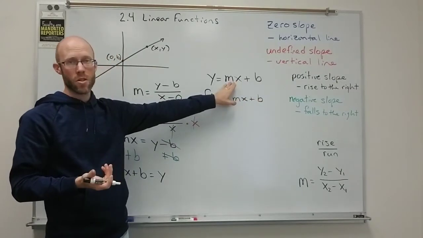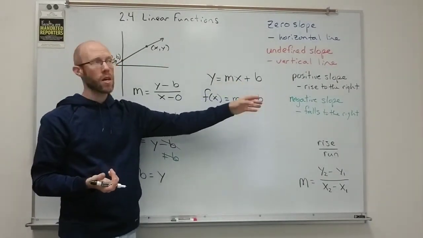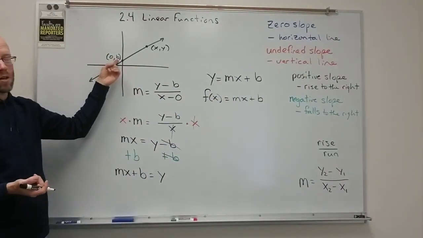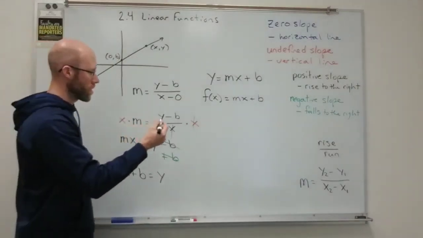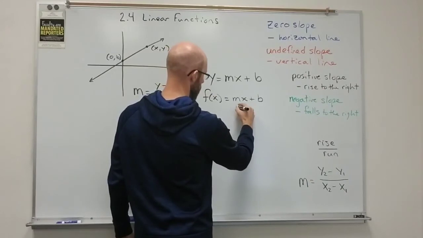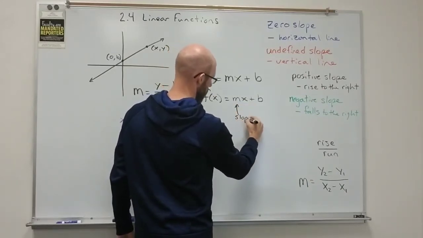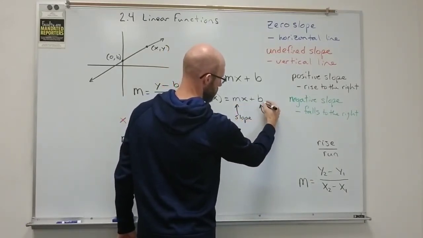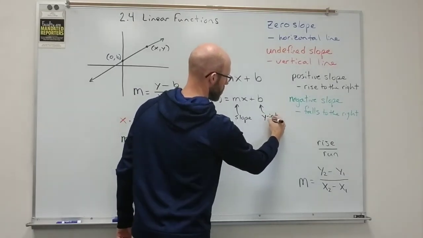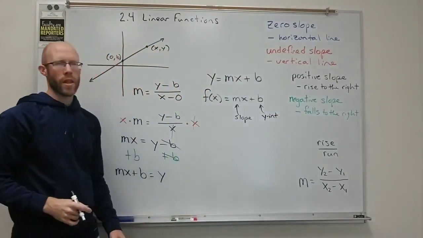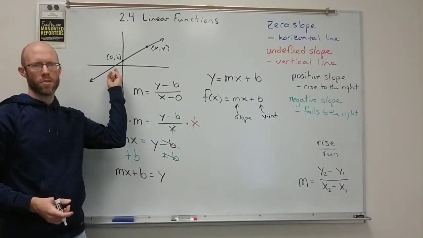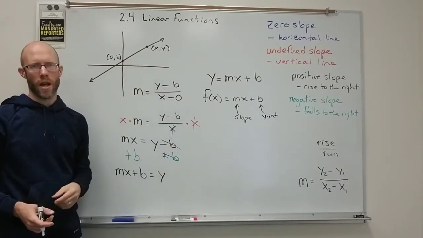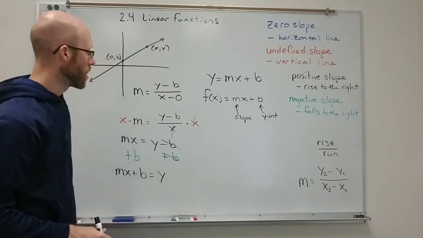The m obviously is the slope. The b is going to be the y-intercept. We use the letter b because we often use the letter a for the x-intercept, right? So a and b are the x and y-intercepts respectively.